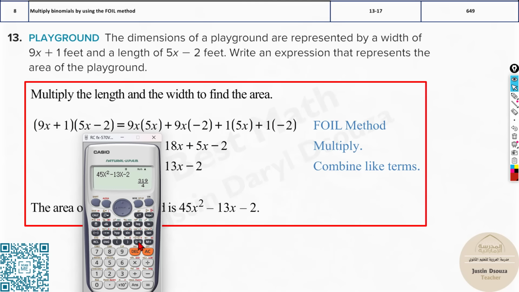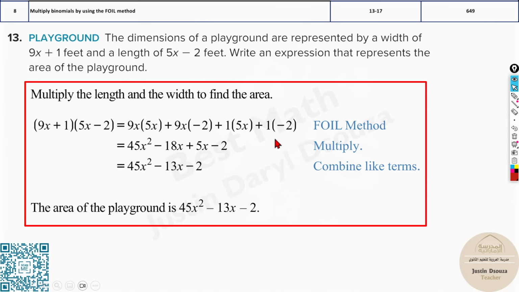The area must match. Yes, the value must match 79.75. All the other 3 options will be wrong. It won't be the same value. Only one correct answer. When you multiply this and the answer matches, that's the correct answer. But I wouldn't suggest you go with that. Please go with the FOIL method, which is easy, just multiplying and directly solving.